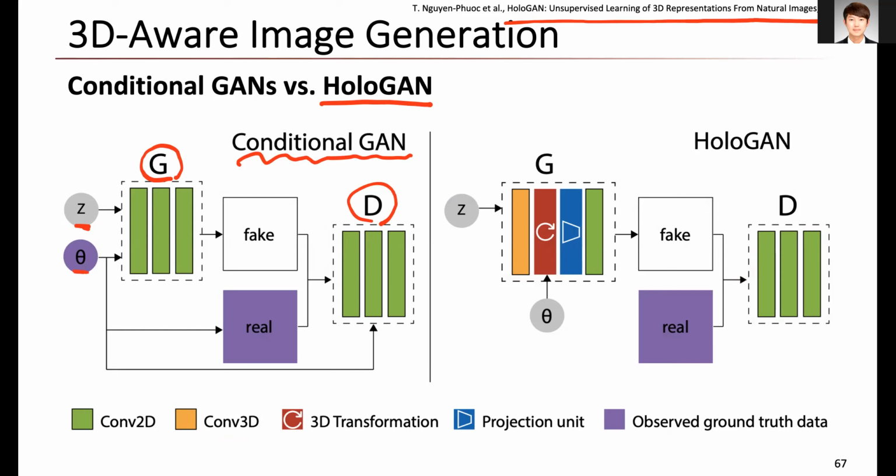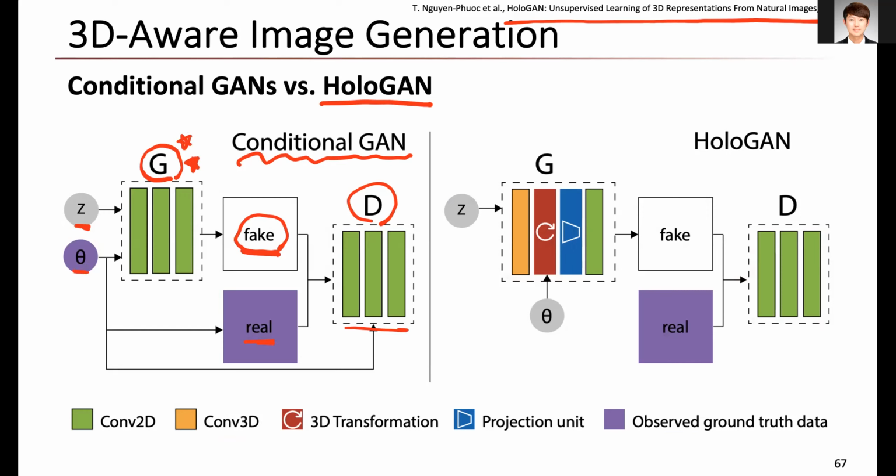We give theta as a condition to the generator, then generate the fake data and discriminate this fake data and real data with the discriminator. But this generator is still defined in a 2D space, so it has limited ability to consider 3D information.